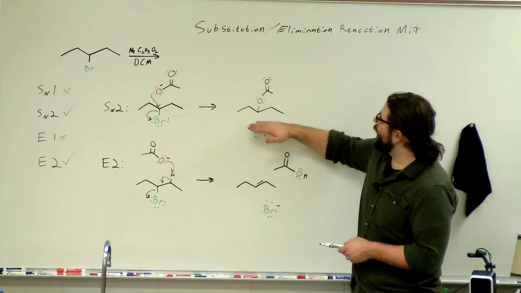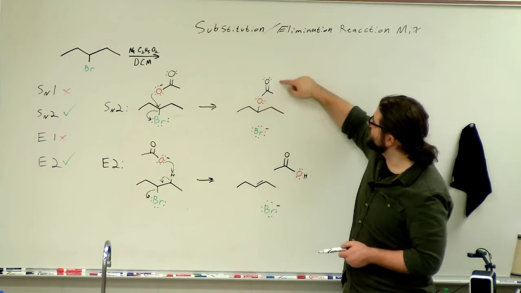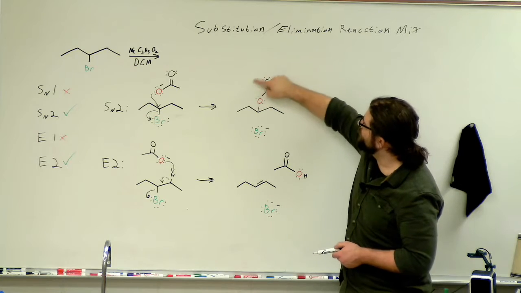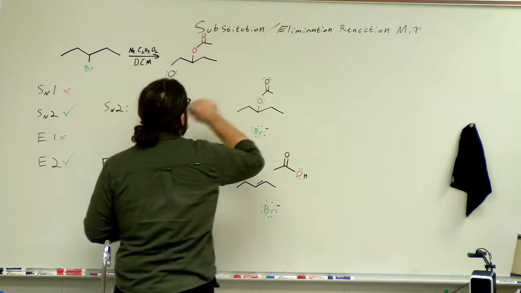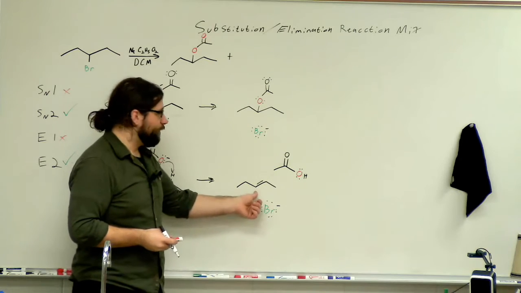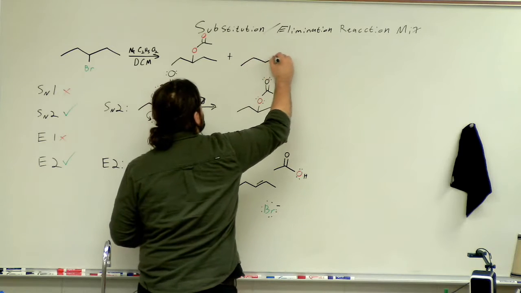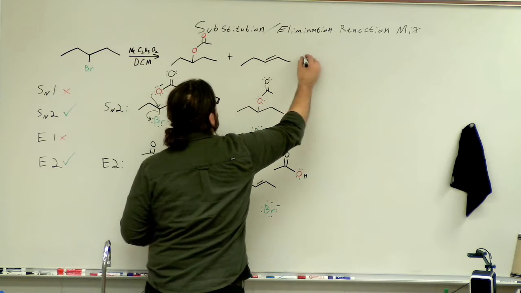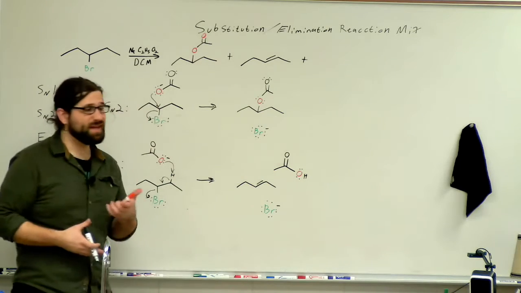First off, I have my ester right here that's going to be attached to this acetate ion. Next, I'm going to have my alkene here. It's just going to be a pentene. Following that, I actually end up with some acetic acid.